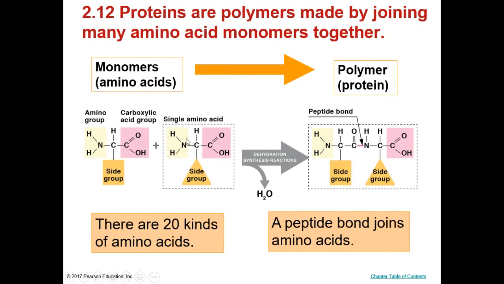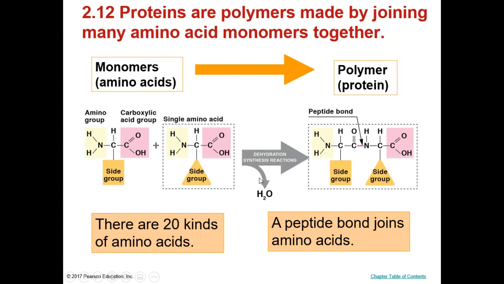So this group right here is called an amino group, and this group is called a carboxyl group. If a molecule contains an amino group and a carboxyl group on the same molecule, then that's an amino acid. And you can actually form chains of them to form polypeptide chains, also known as proteins.